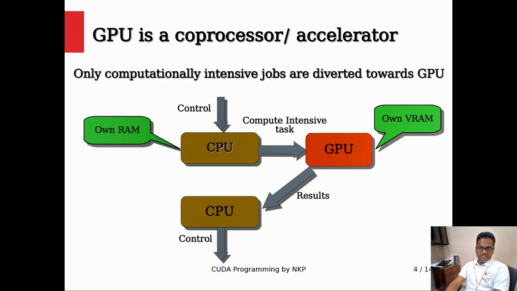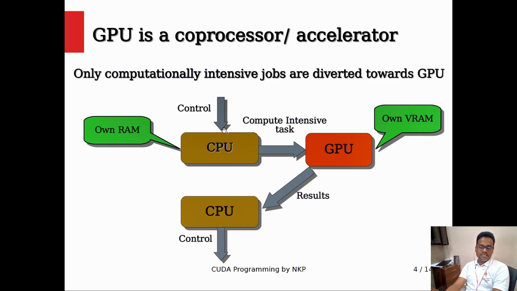I am referring to the same diagram again that we discussed in earlier episodes. When we start executing any CUDA program, initially control is with the CPU, because we only transfer the computationally intensive part of the program to the GPU. The rest of the instructions from the program are still executed on the CPU side.